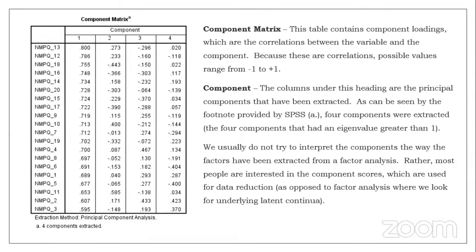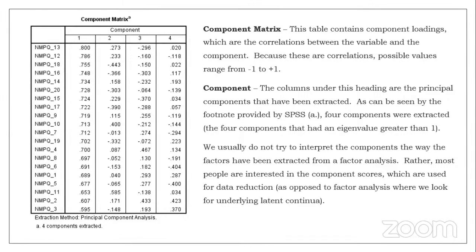Because all these are correlation coefficients, possible values can range from -1 to +1. What are these components? These are the principal components that we have extracted using the principal component analysis method. We usually do not try to interpret the components the way the factors are interpreted in a factor analysis.